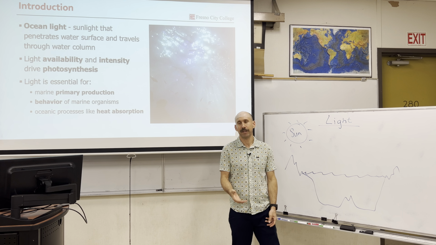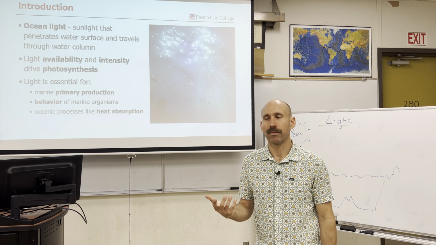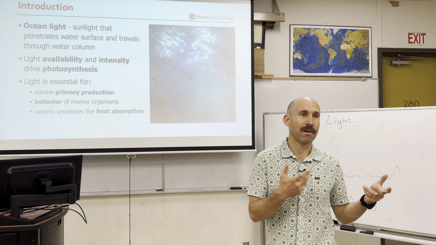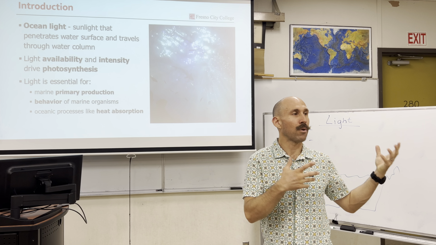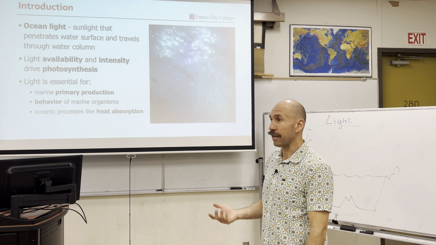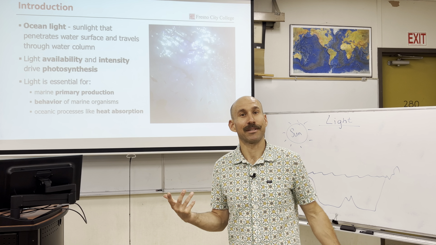Well, we live on land, meaning you and I. And so I often like to think about how ecosystems function on land and then apply my experiential knowledge to what might be happening in the ocean. On land, I know that light is important because I've got a bunch of plants in my house.